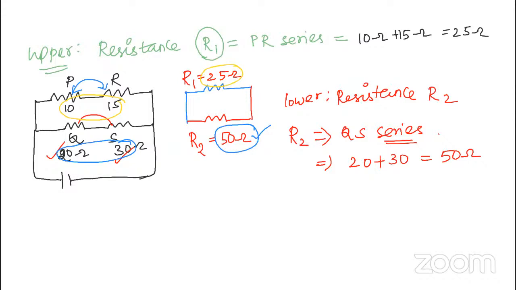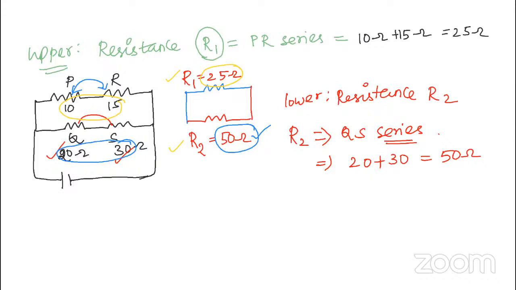Now there were 4 resistances, PQRS, and we have converted them into R1 and R2. So now the two resistances R1 and R2 are connected in parallel. So now we can calculate the resistance value for the parallel connection. To calculate the value of the two resistances we have one formula. What formula?